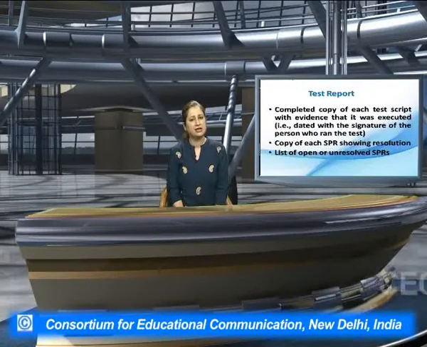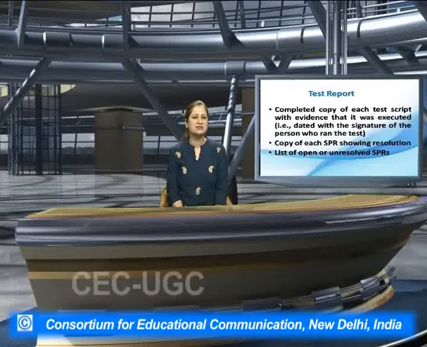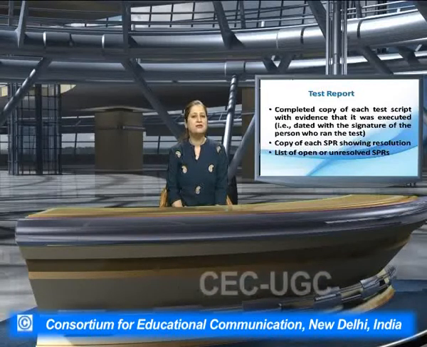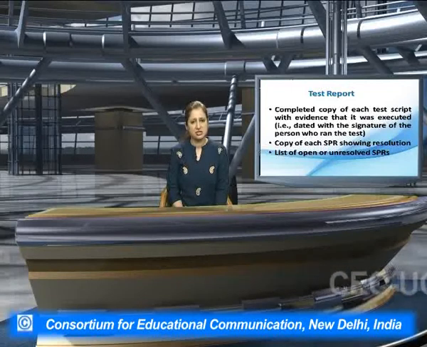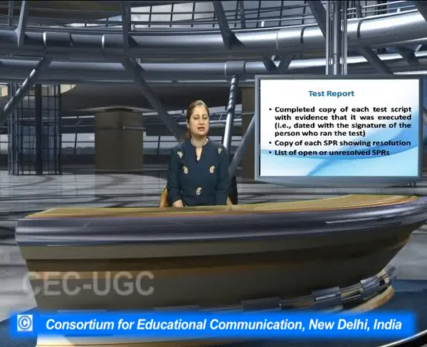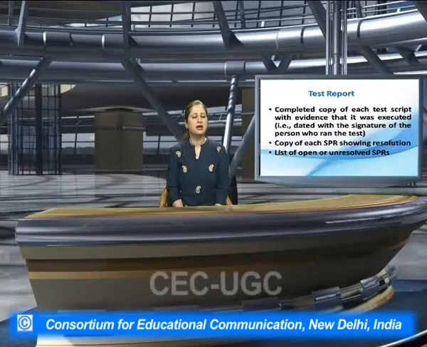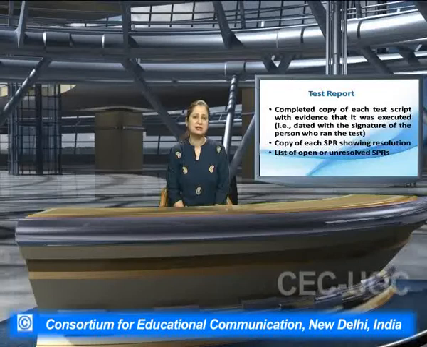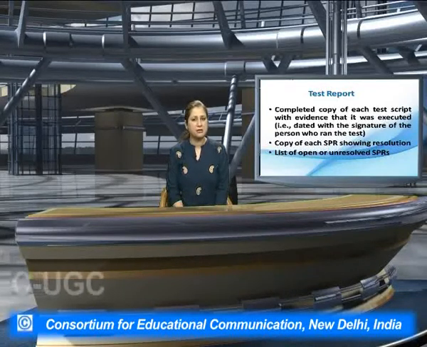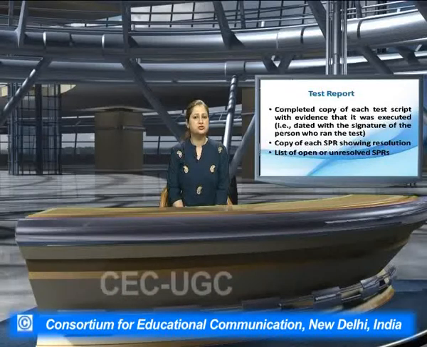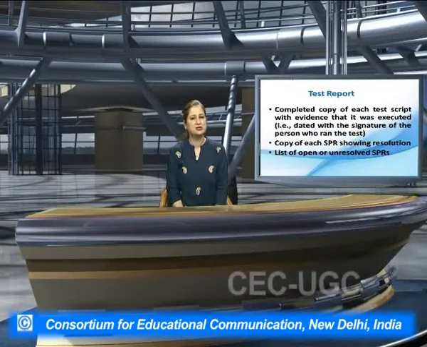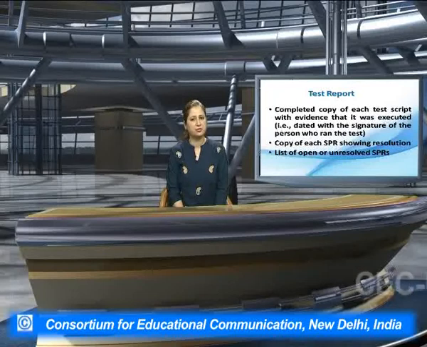So, finally after the procedure has been run and the test scripts have been run, a comprehensive test report is prepared, which is a completed copy of each test script with evidence that it was executed, dated, and signed by the person, and complete evidence that yes, the script has been run. Each copy of each software problem report showing the resolution is there, and a list of all open and unresolved software problem reports is also kept along with it.